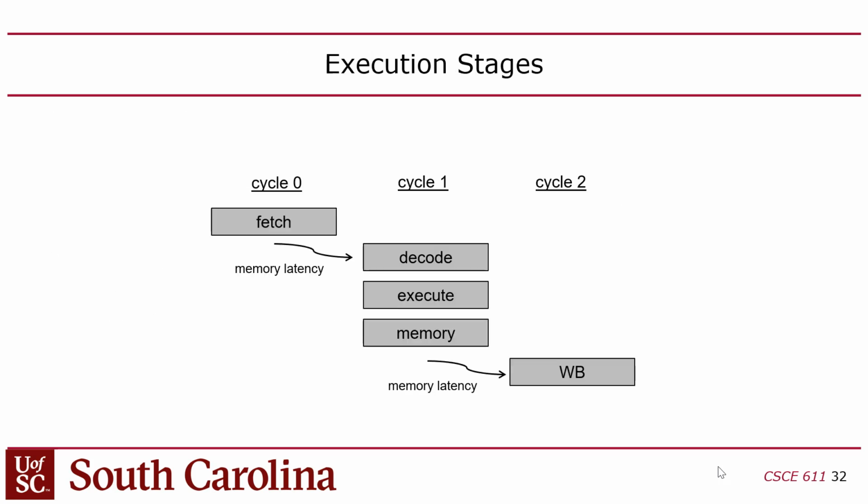Okay, so we're going to be creating a 3-stage CPU. We're going to allow the CPU to have one whole cycle to fetch an instruction because we're going to use a synchronous RAM for the instruction RAM. So it takes a cycle to fetch, and then the decode, execute, and memory. Of course, we're not really doing anything in the memory stage because we don't have load and store instructions. But the decode and execute stages happen in one cycle, and then we're going to give it a whole cycle to write back.